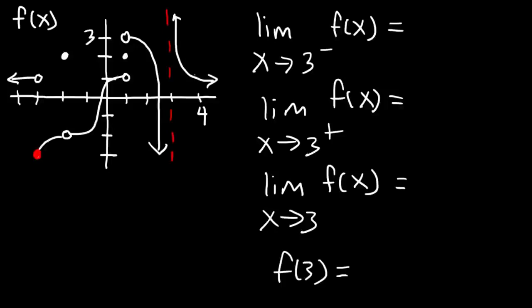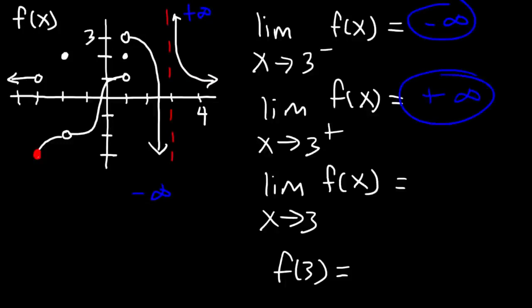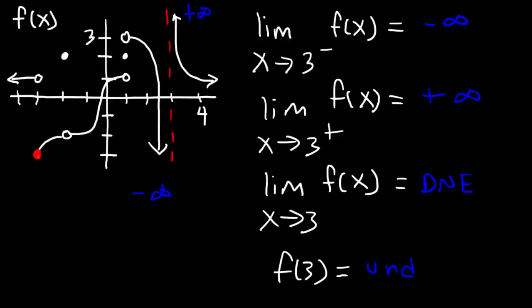Notice that at x equals 3 we have this vertical asymptote. As x approaches 3 from the left side, notice that it goes down to negative infinity. And as we approach 3 from the right side, it goes all the way up to positive infinity. Now these two do not match, so the limit does not exist. And the function value at 3 is going to be undefined.